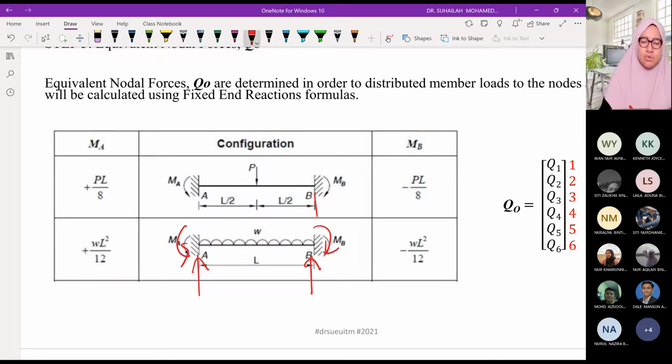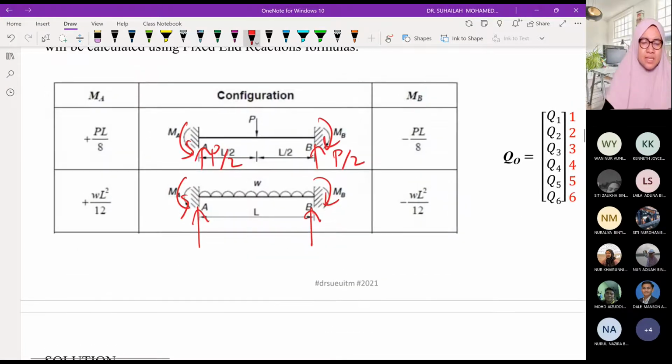Okay, same goes to this. This is fixed end reaction. And for the vertical reaction, this is P over 2 lah. P over 2. And for UDL, it is WL over 2.